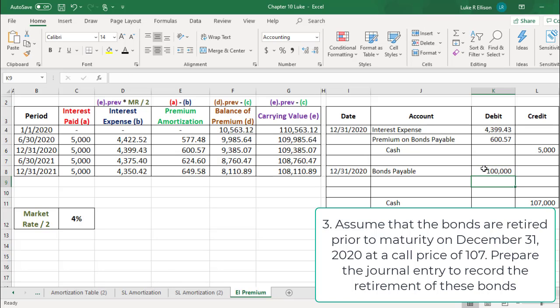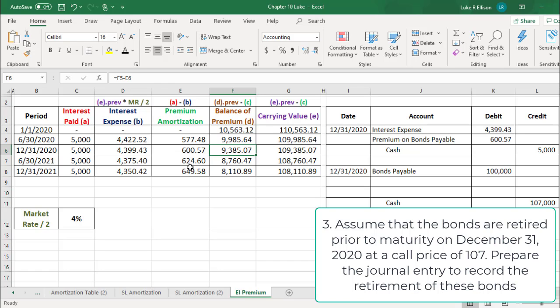The next thing I like to think about is, well, the premium on bonds payable. And along with the bonds also comes either a premium or a discount, depending on which one you have in the problem. In this case, we had a premium on the bonds payable. So if we look back to the chart on 12/31/2020, we see that the current balance of the premium is $9,385.07.